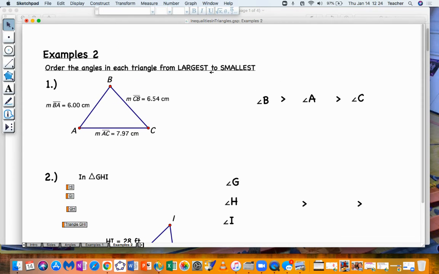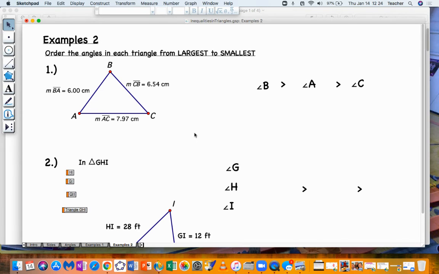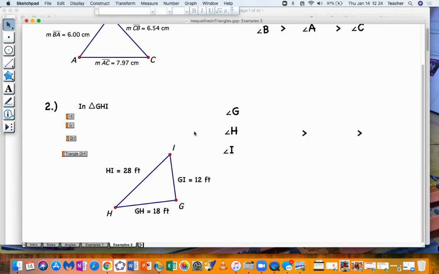Again, follow directions, largest to smallest. So I'm going longest to shortest. Longest side is this. That means G, right? G is opposite HI. G would be your largest. 18, next longest. That means I would be your next largest. And that leaves H as your smallest.